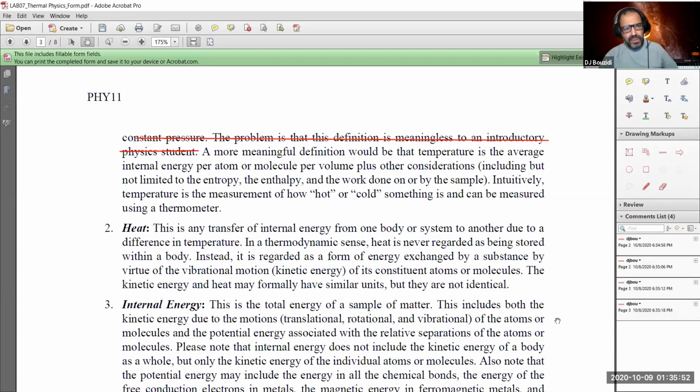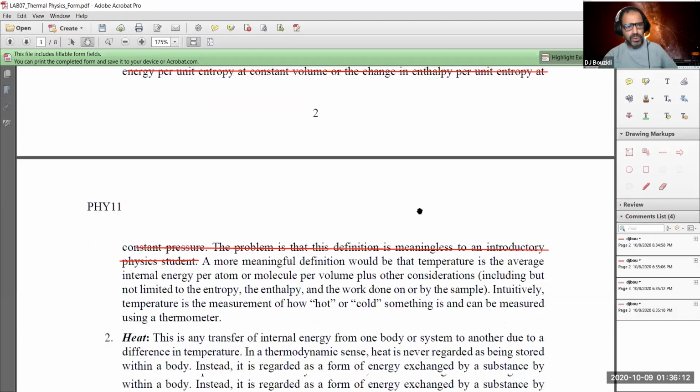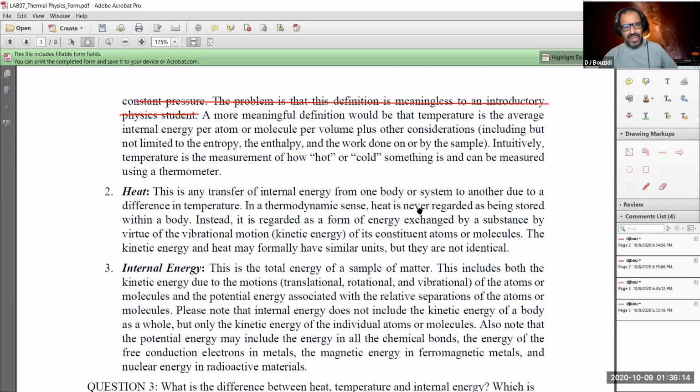A system does not have heat. Heat is only involved in transition between state and state. So a state can be defined for a system with its own temperature, its own pressure, its own volume, its own internal energy, and the rest of the other words that we didn't talk about here, namely entropy and other things. But of those that define a system specifically, heat is not one of them.